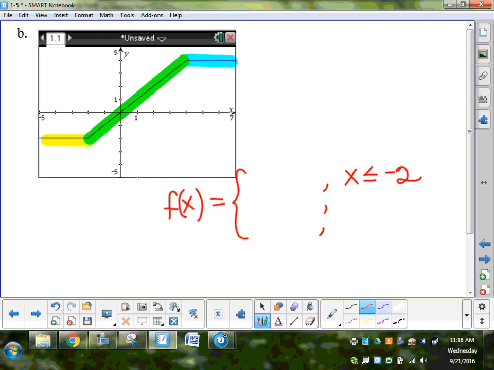How about when am I graphing out the green piece? Hands up, please, if you can tell me that. Oh, come on. When am I graphing out the green piece? 3 people. Leah M., what do you say?